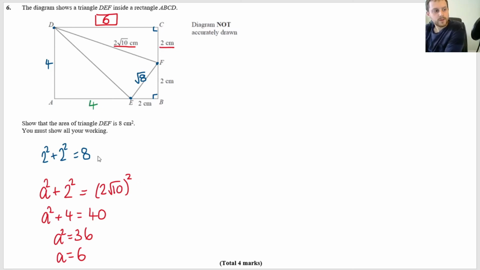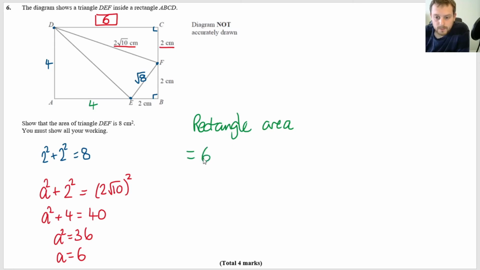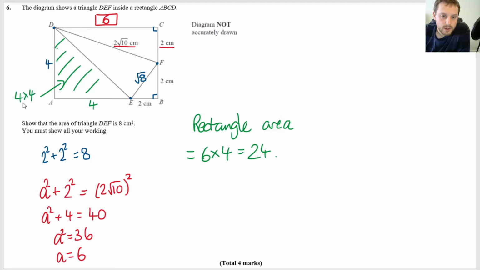And I know that that's 4 because 4 plus 2 has to make 6. So the rectangle area is 6 times 4, which is 24. This area is 4 times 4 divided by 2, because it's half base times height.